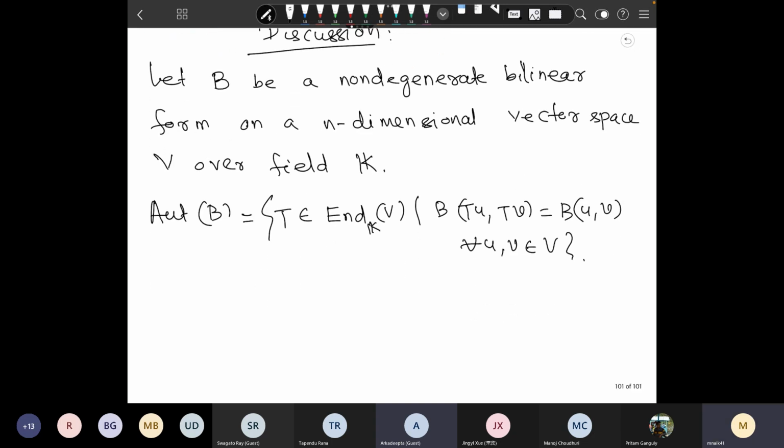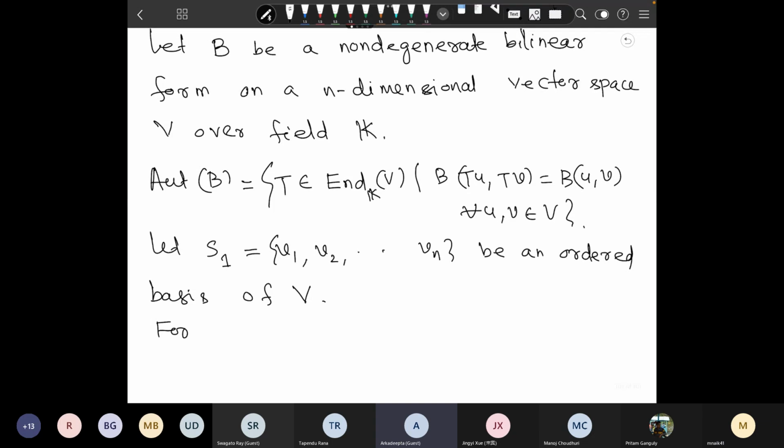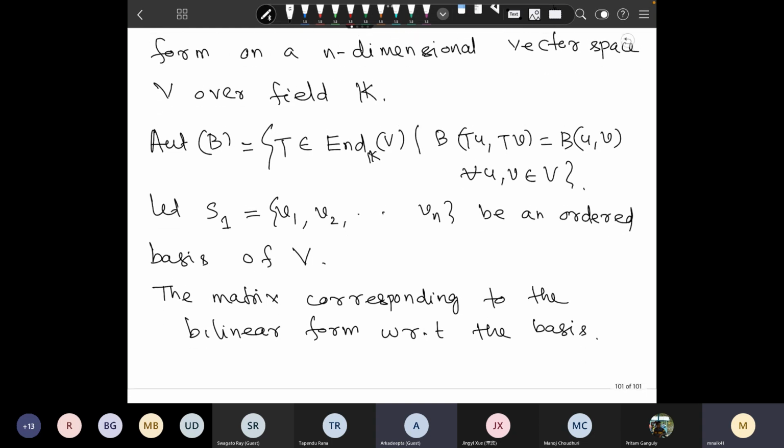Now let S equal to V1, V2, ..., Vn be an ordered basis of V. Now I form the matrix corresponding to the bilinear form with respect to the basis.